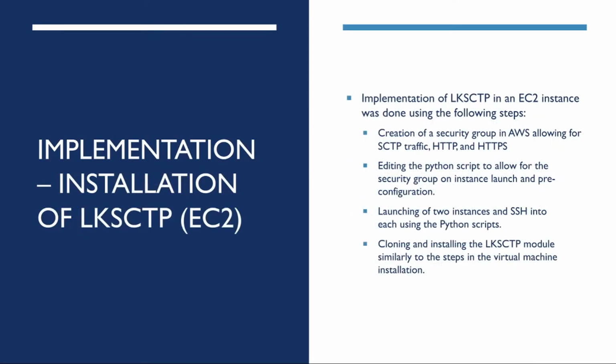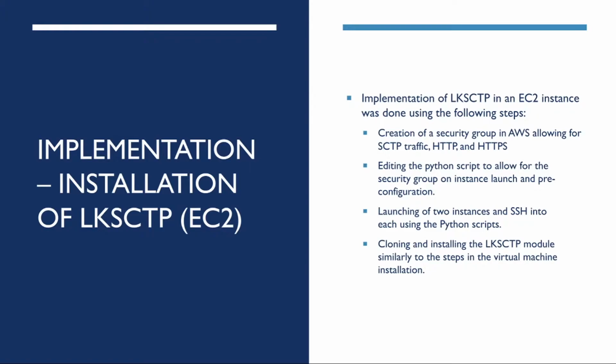For installing the Linux kernel module into EC2, the first thing I did was create a security group in AWS that allowed for SCTP traffic, which I will show later on, and HTTP and HTTPS traffic. I then edited the Python script to allow for the security group that I created on the instance launch, and it also allowed for a few pre-configurations that I added to make the use of the Linux kernel module easier.